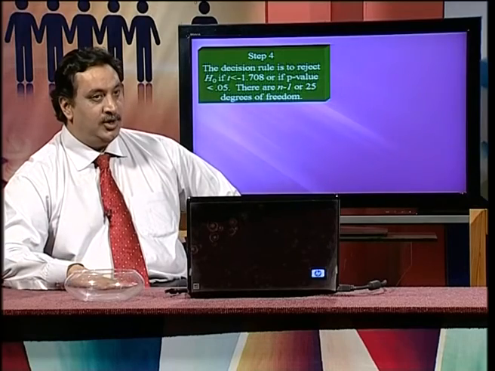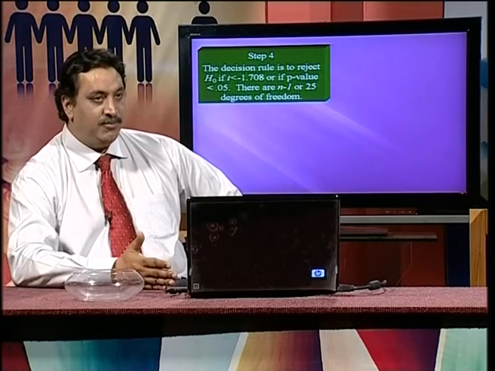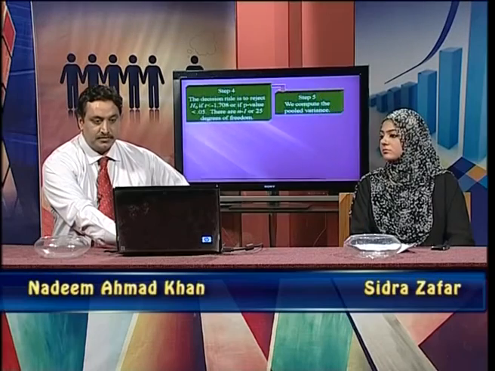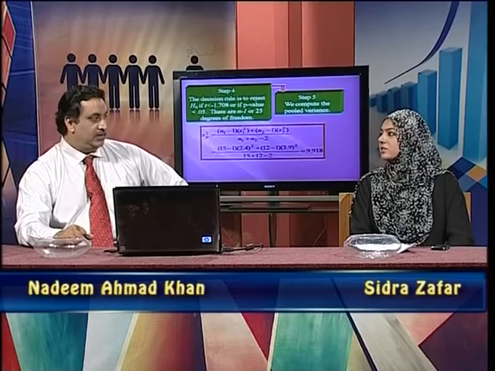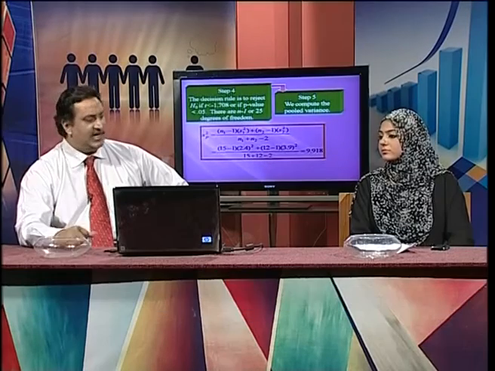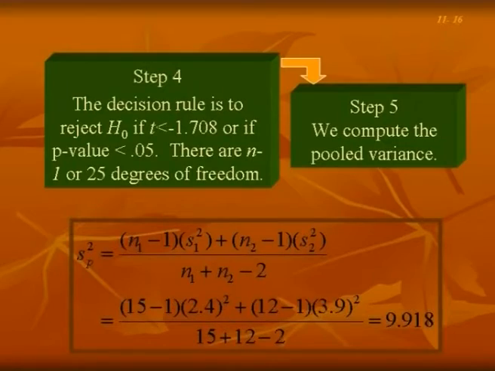The total number of observations is sample 1 plus sample 2, so the degree of freedom is N1 plus N2 minus 2. We use this degree of freedom figure to identify the tabulated value of t from the t table, compare it to the test statistic, and make our decision.